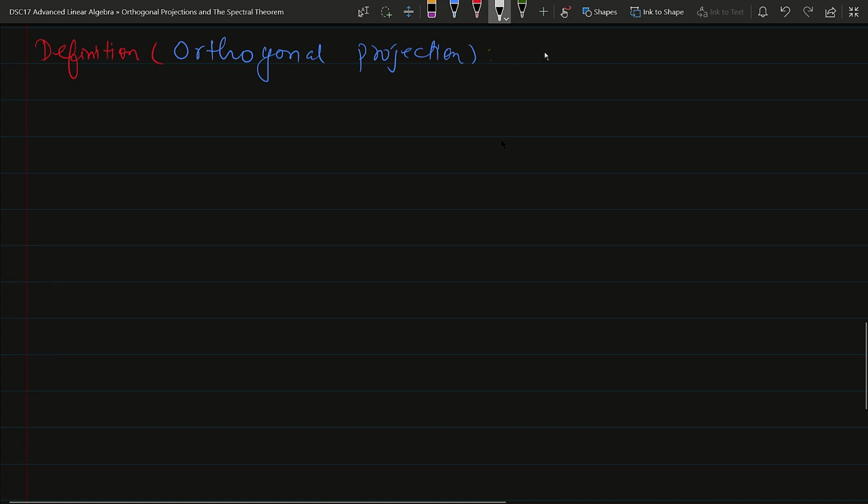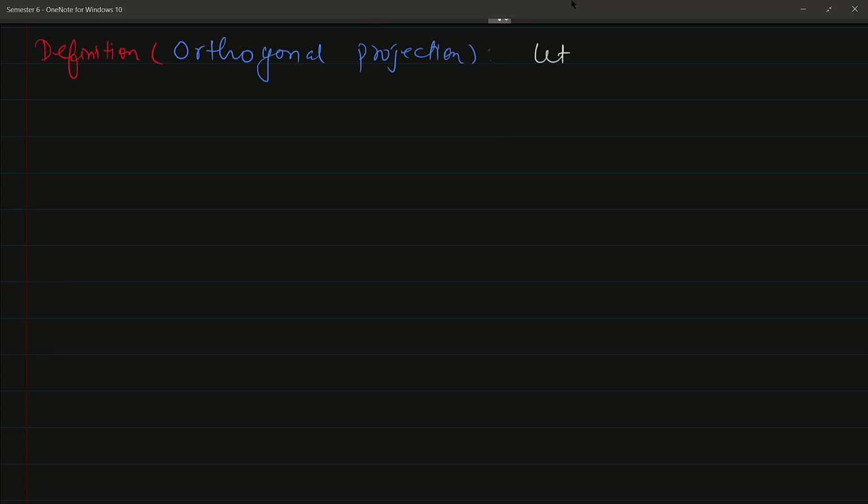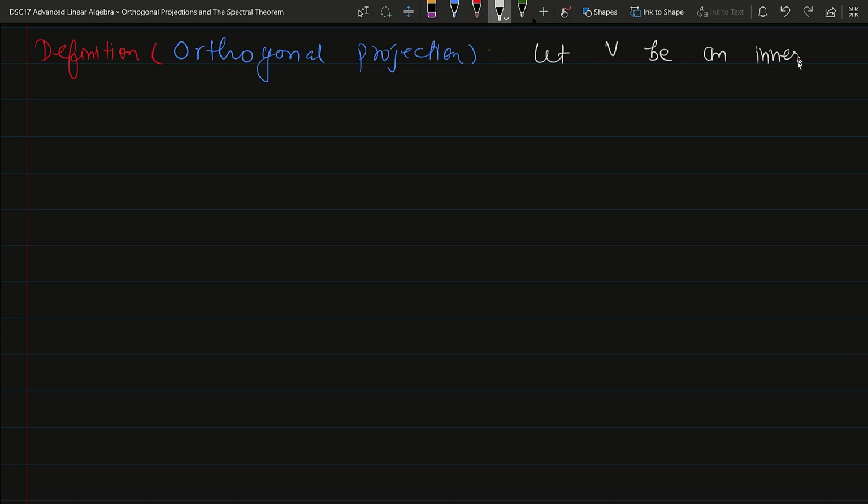So orthogonal projection. Let V be an inner product space, and let T defined from V to V be a projection.